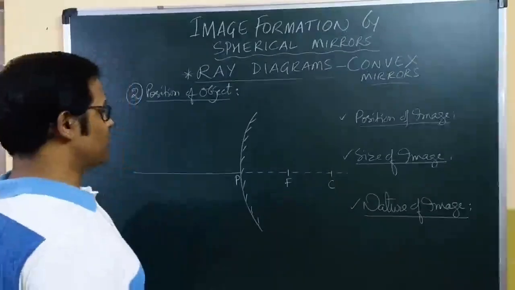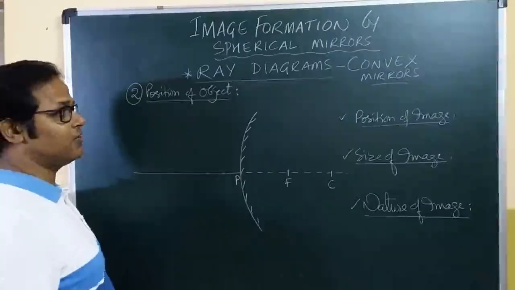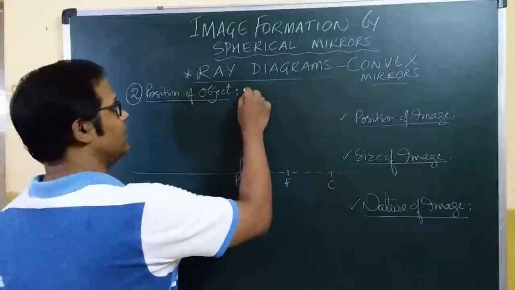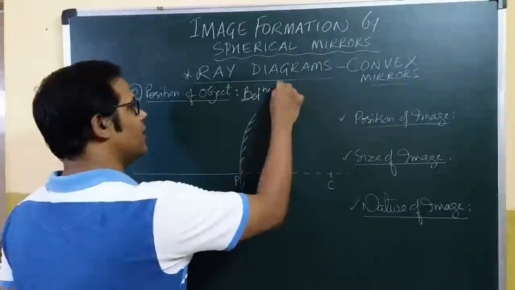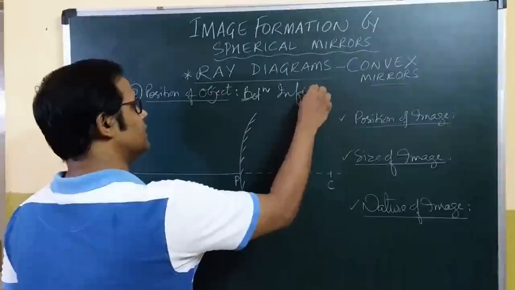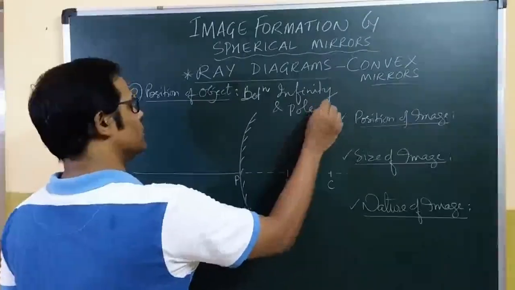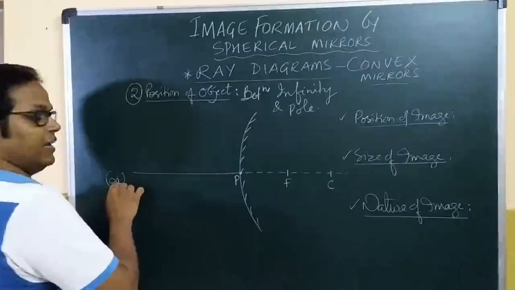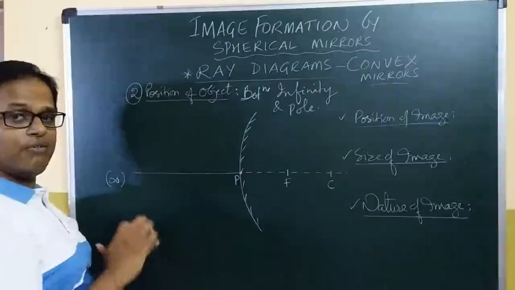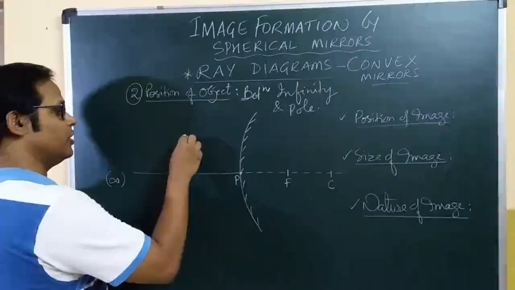So the second position, and the last possible position for the study of convex mirrors, is to place the object anywhere between infinity, that is extreme far, and the closest point of the mirror, that is the pole. So between infinity and the pole of the mirror, wherever you place it, the characteristic of the image is not going to change.